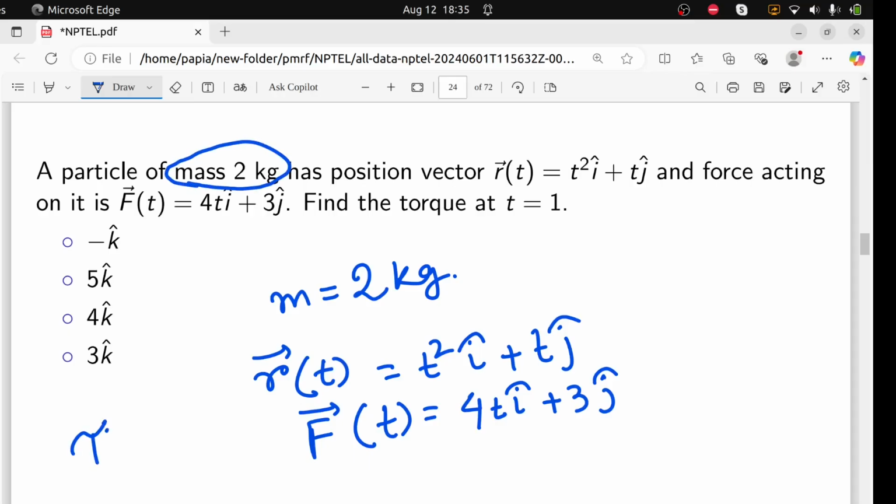But torque is simply r cross F. So we don't need to use the mass here, but obviously there is no problem if it is given, because it's just giving additional information, that's it. In this question particularly, we don't need the mass of the particle. We just need the torque at t equals 1.